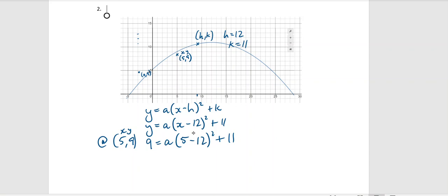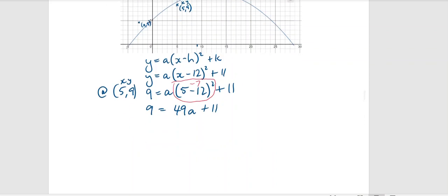Now this is where people tend to struggle maybe a little bit. If we just look at what we've got in the brackets here, and remember that's going to get times by a, so 5 minus 12 is negative 7. Negative 7 getting squared is the same as positive 7 getting squared because the negative is getting squared, so that's going to be 49. So it's going to be 49a plus 11 is going to be equal to 9.